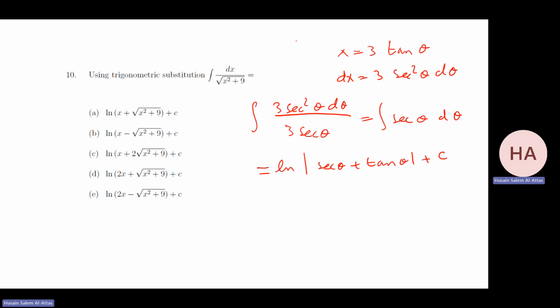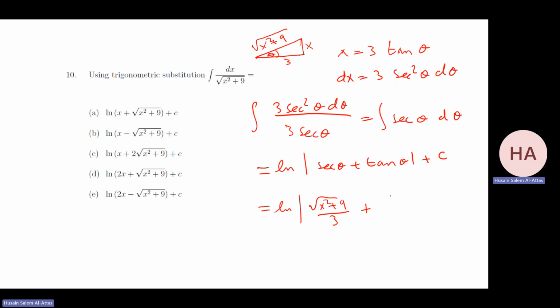And let's change everything in terms of x now. So this is theta. Tan theta is opposite over adjacent. So that will be x squared plus 9. So you have ln, what? Secant theta. It will be hypotenuse over adjacent.